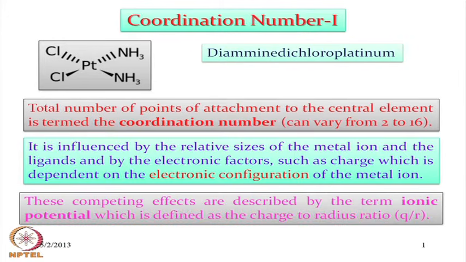So, these size factors definitely play a tremendous role not only in coordination number for the different metal ions in metal complexes, but also in biological systems which are dealing with some metal ions.